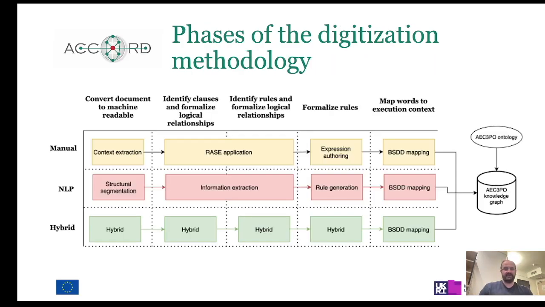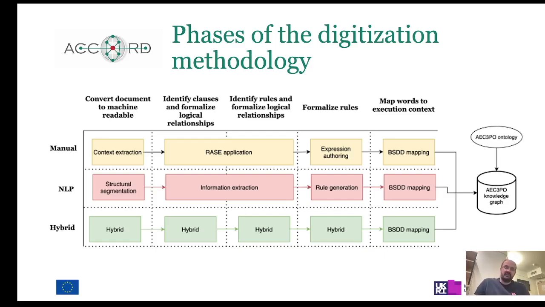This figure documents a digitisation methodology. The digitalisation methodology has 5 key phases. The first is the conversion of the document from human readable only into machine readable. Then the next stage is the identification of clauses and the formalisation of logical relationships between those clauses.